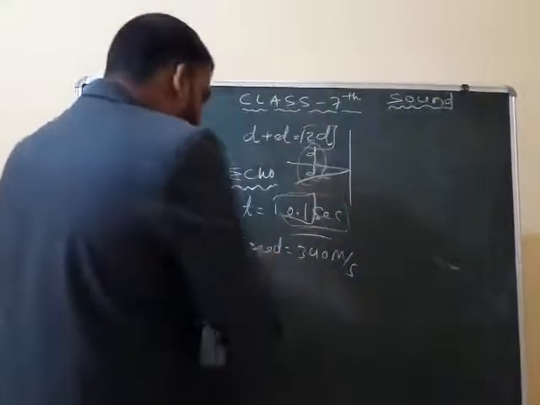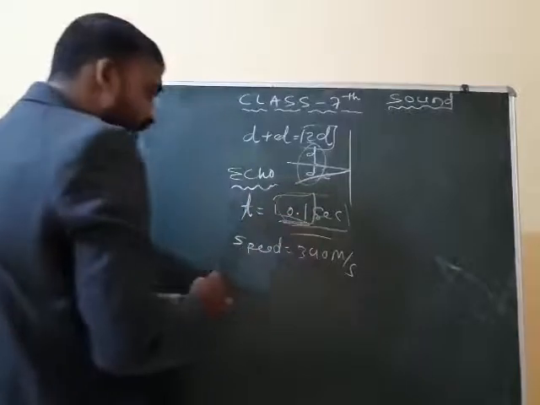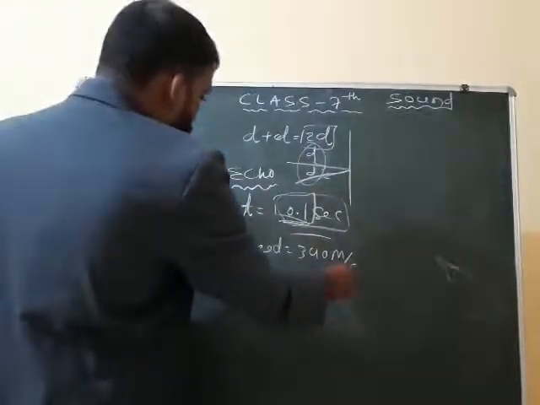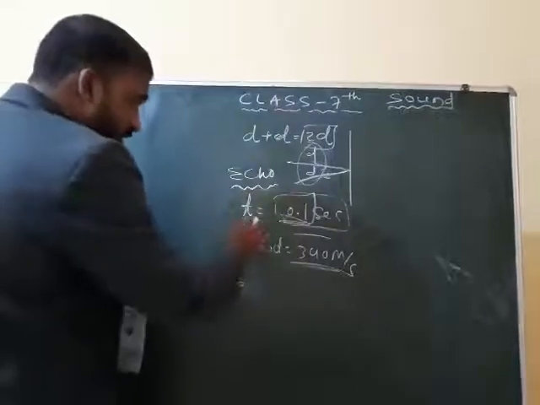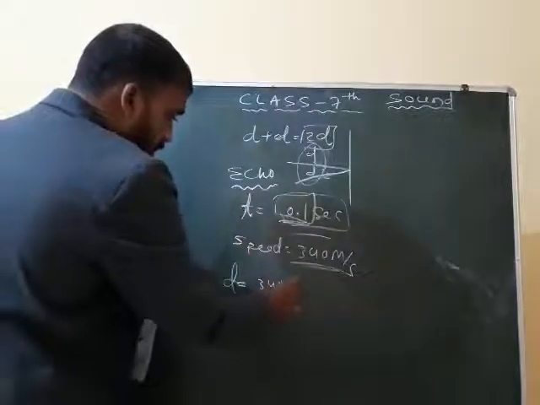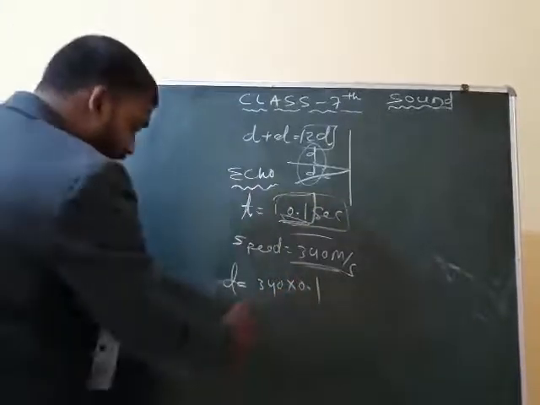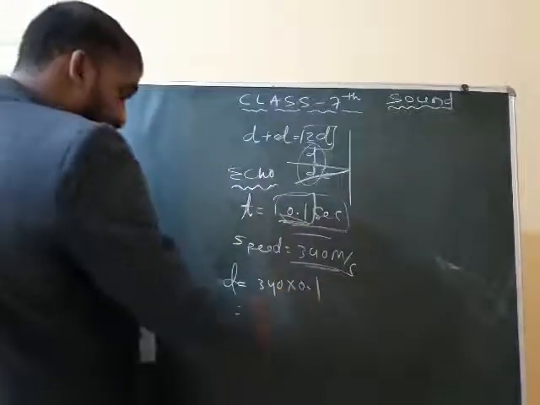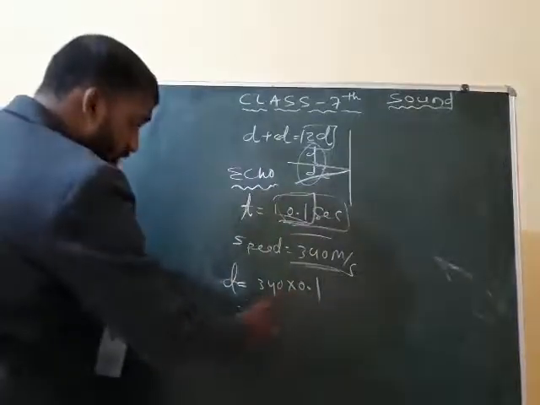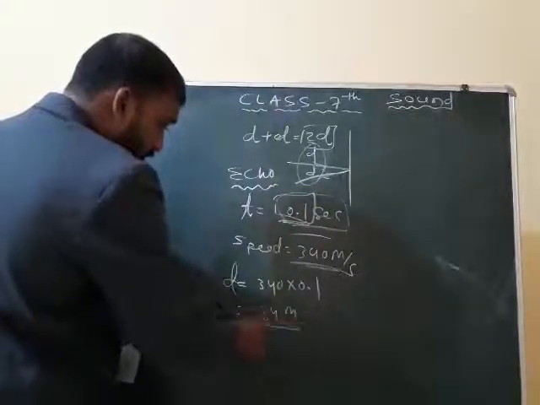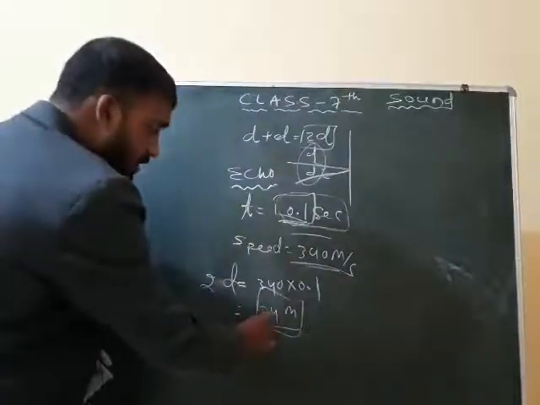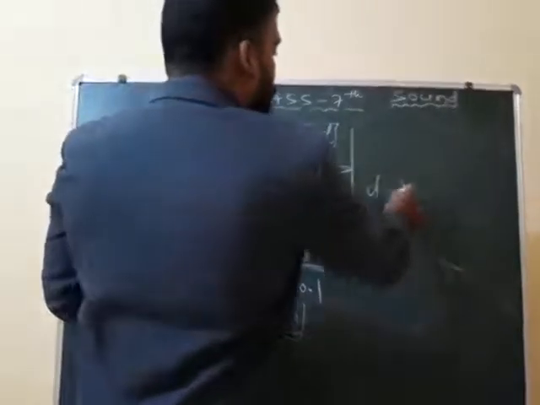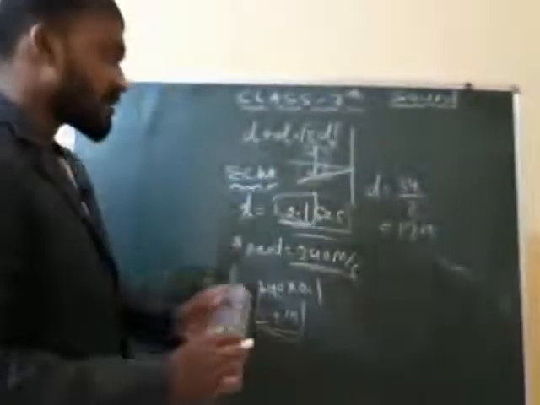Let's see. Time 0.1 second, speed 340 meter per second. So the distance must be what? Speed into time, 340 into 0.1 second. So 340 into 0.1, how much? 34 meter. Total distance should be 34 meter. 2d should be 34 meter. Now distance is equal to 34 by 2, 17 meter. Let me tell you again one time.